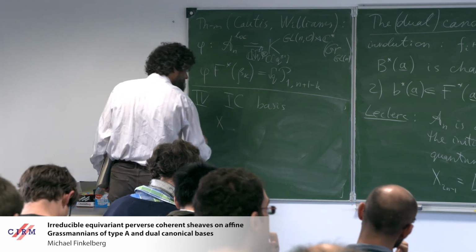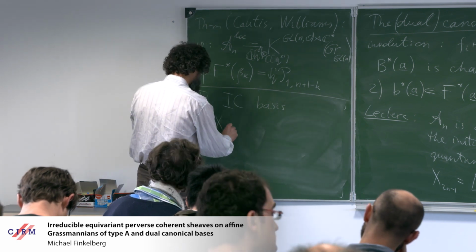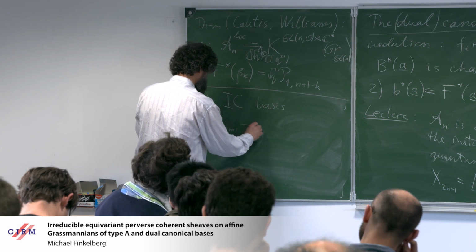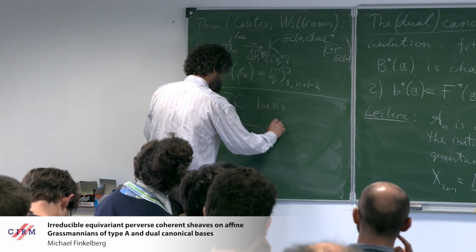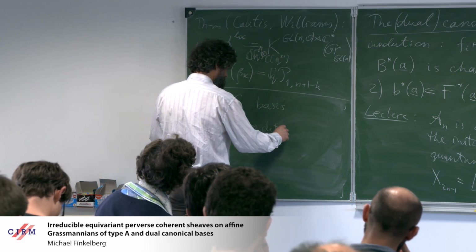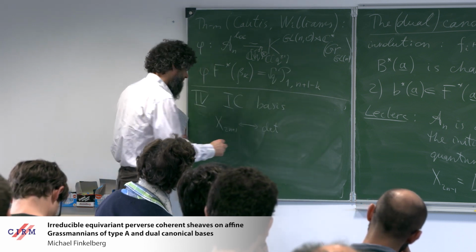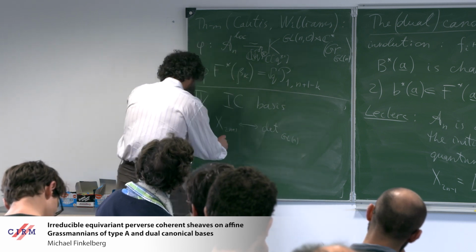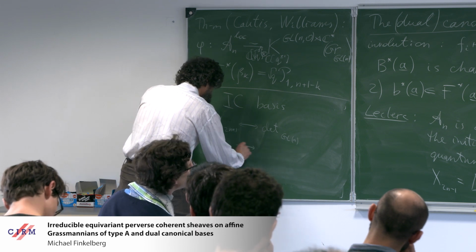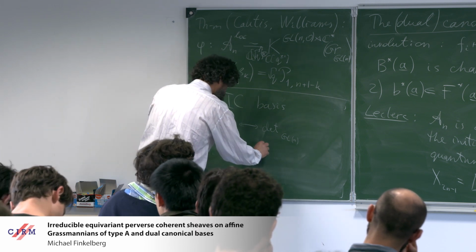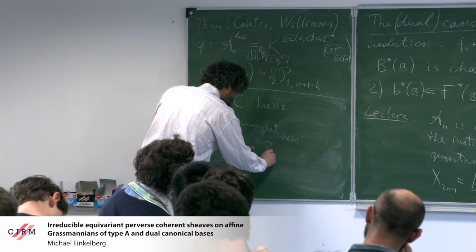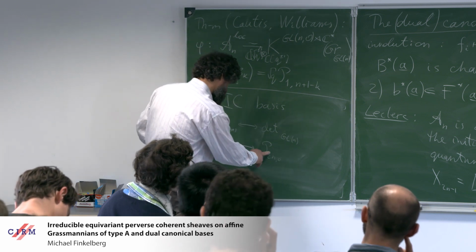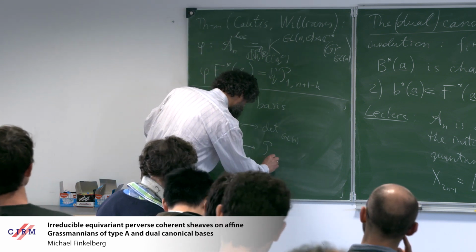So x2n minus 1 goes to just the determinant character of GLN sitting at the point 0, and x2n goes to what is called P n 0.